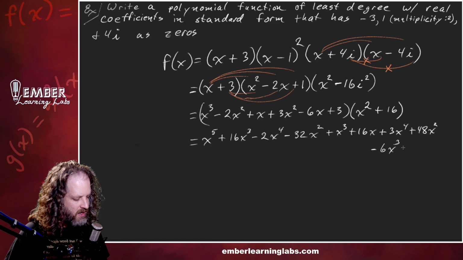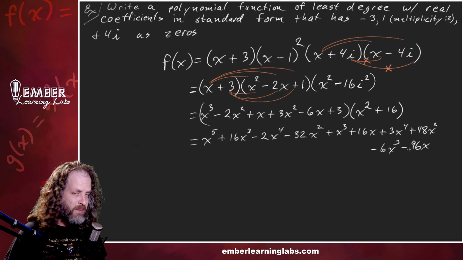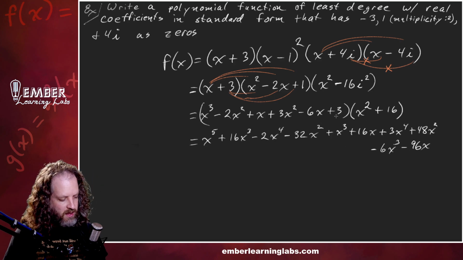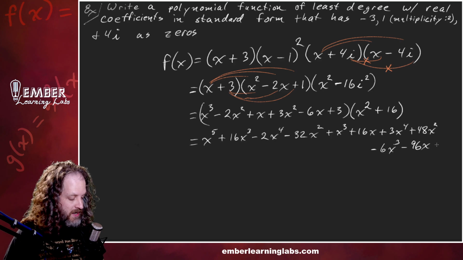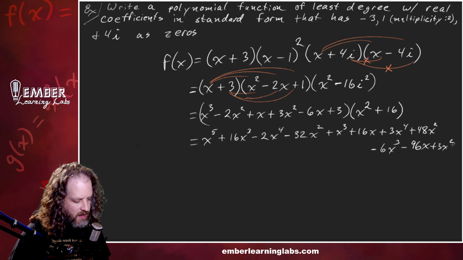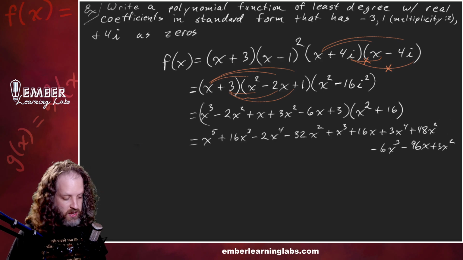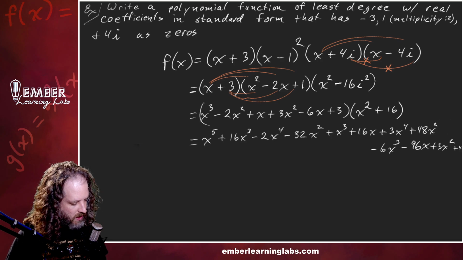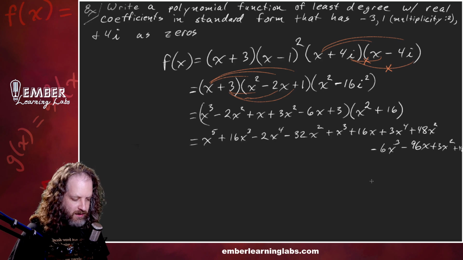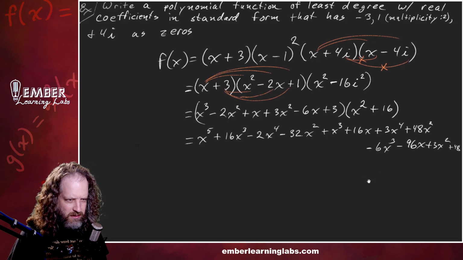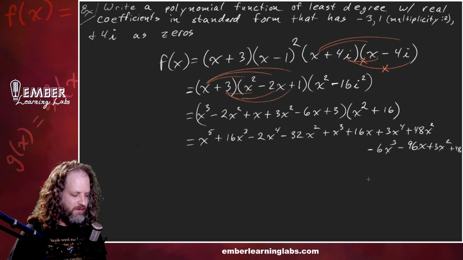We were right. So negative 96x. Never be afraid to sanity check, y'all. 3 times x squared is 3 times x squared. So plus 3x squared. And then lastly, 3 times 16, we already know this 48. So plus 48. Is that on our screen? No. There we go. That's good enough, right?